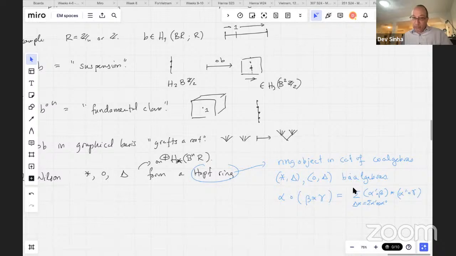So this is sort of what distributivity means for ring objects.